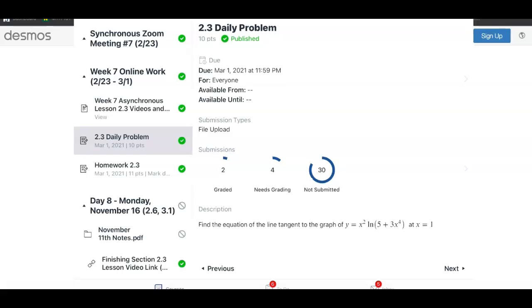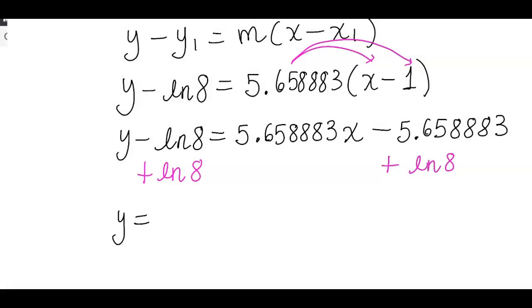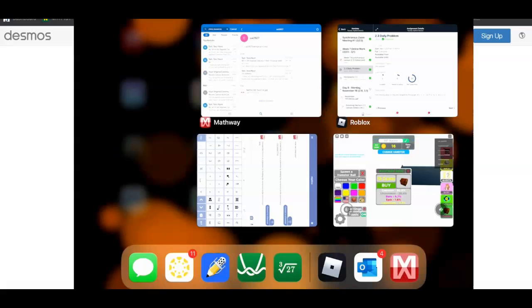There's no direction like that. I'll just round however I like then. Okay, so I'll say 5.659x. My note-taking app slowed down a little too much. Let me restart this.